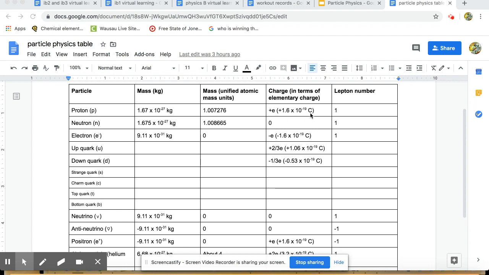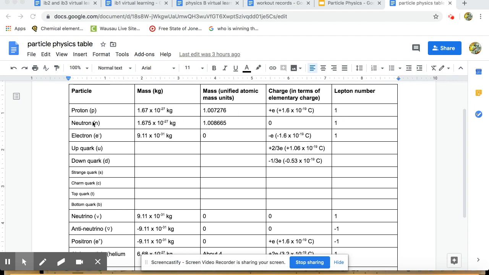And neutrons are neutral. Now, what does lepton number mean? Lepton number represents, basically, whether it is a particle or an antiparticle. Particles and antiparticles, when they meet up, basically annihilate each other. All particles have a lepton number of 1, and all antiparticles have a lepton number of negative 1. We'll talk about why that's important later.